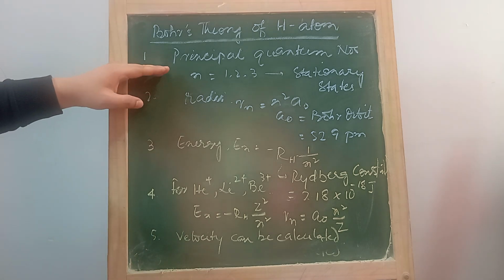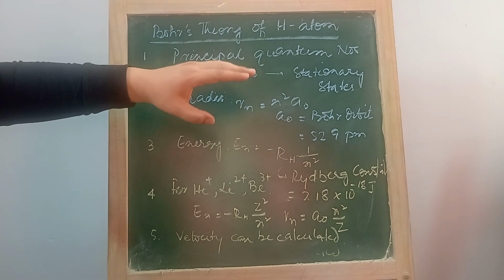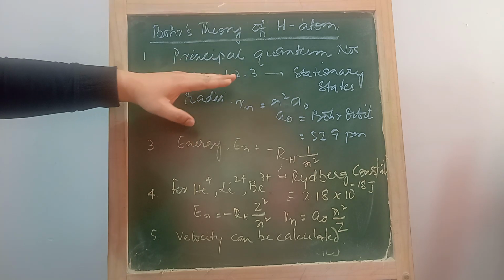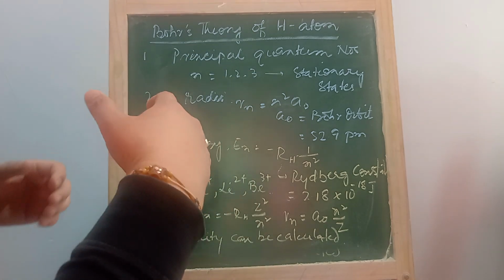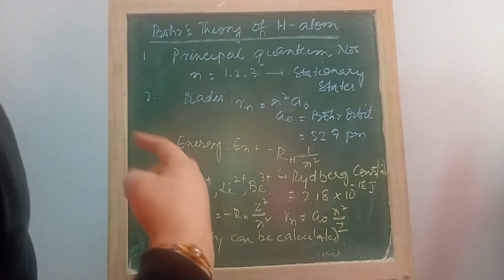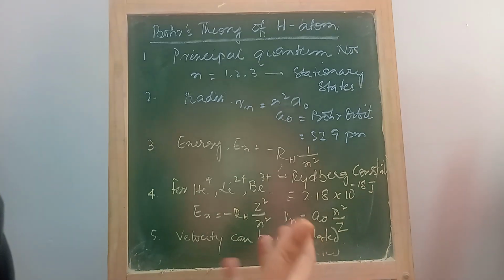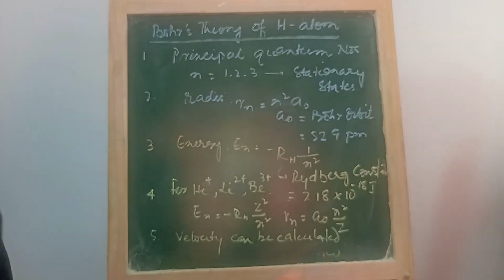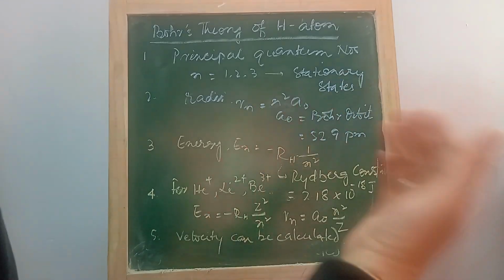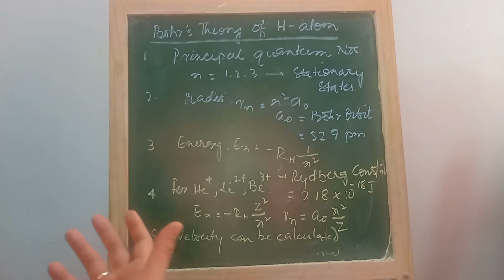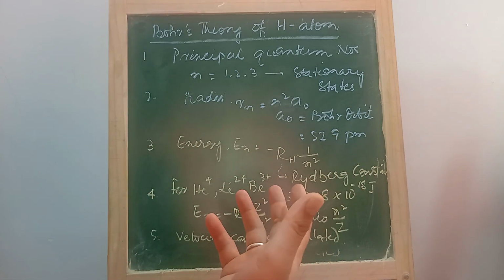The first point says that the principal quantum number will have values of n equal to 1, 2, 3. Bohr says that the electrons, while revolving around the nucleus, will be in some stationary states. Stationary, that is, they are in some stable states. Only at some places are they allowed to move around the nucleus, and those are stationary states.